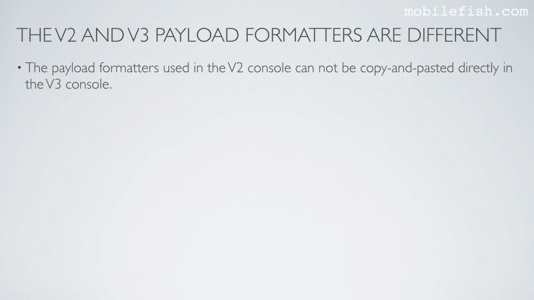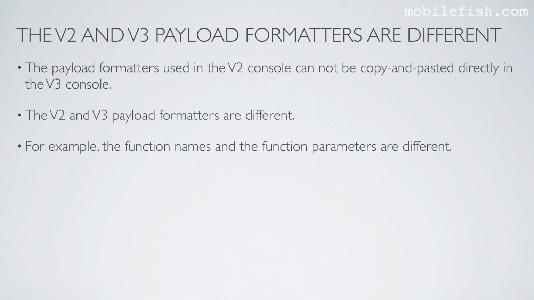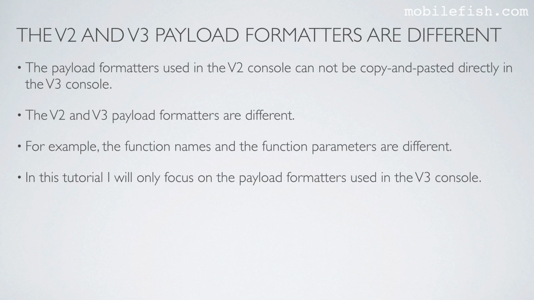The payload formatters used in the v2 console cannot be copied and pasted directly in the v3 console. The v2 and v3 payload formatters are different. For example, the function names and the function parameters are different. In this tutorial, I will only focus on the payload formatters used in the v3 console.